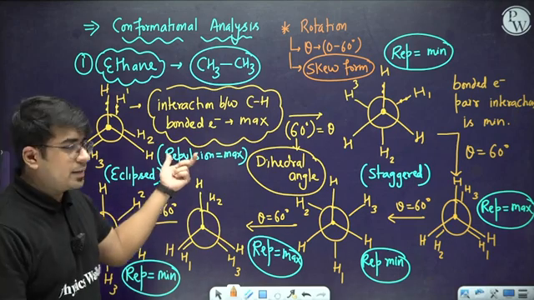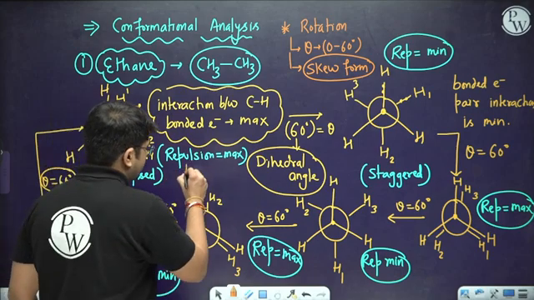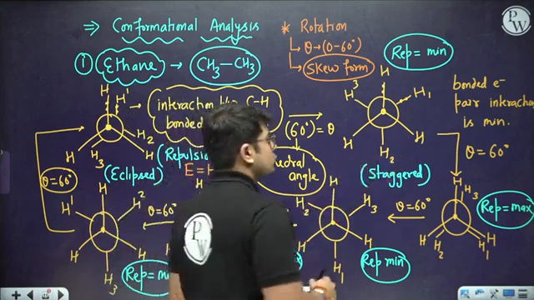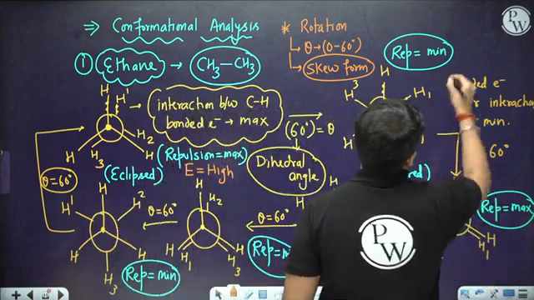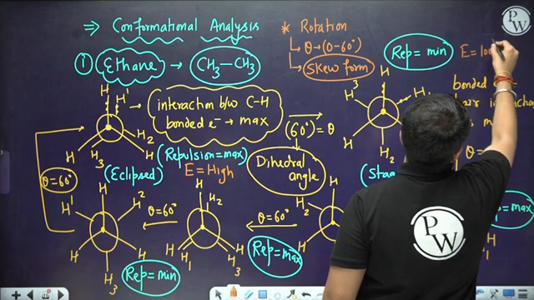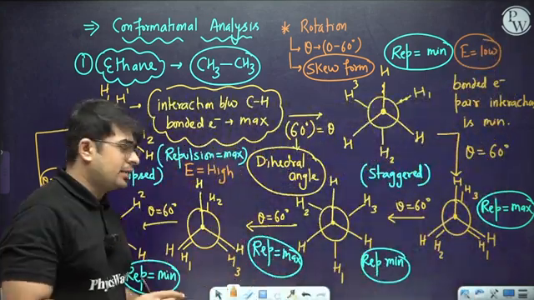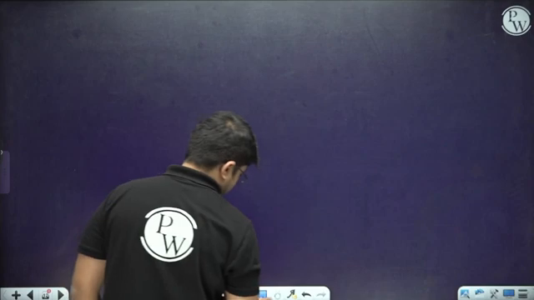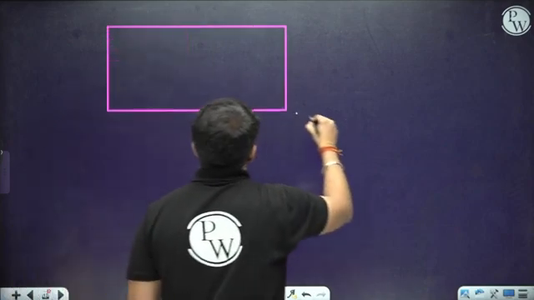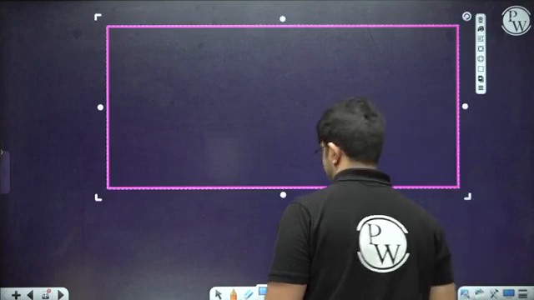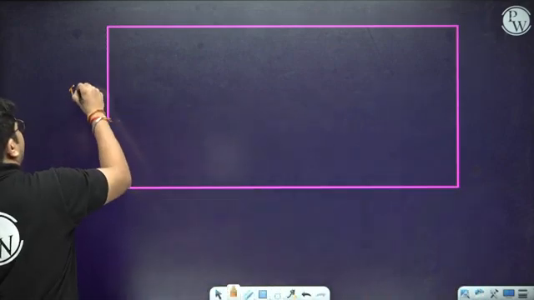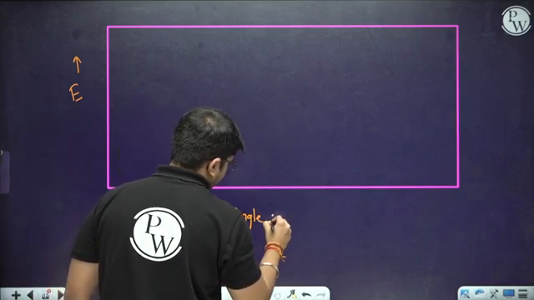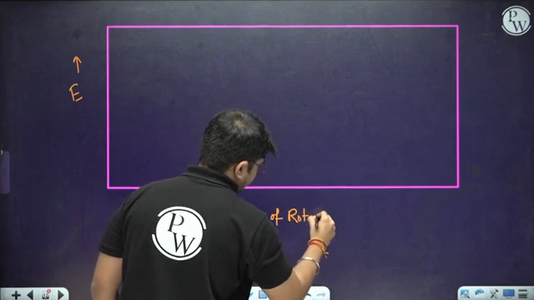So if the repulsion is maximum, its energy will be high. In this case, repulsion is minimum, so you can say if the repulsion is minimum, then energy will be low. So can I draw a diagram in that particular case? Yes, definitely I can draw. So let's say on this axis I have energy, and on this axis I have angle of rotation.